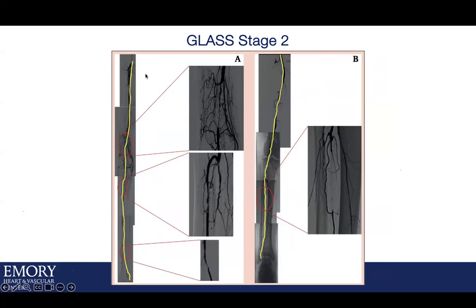The same thing here in the second example: SFA, popliteal, peroneal, and the SFA is healthy, but when you come to the peroneal, there is a long CTO here, long occlusion, and this is infrapopliteal grade 3, and that's why we call it GLASS stage 2.